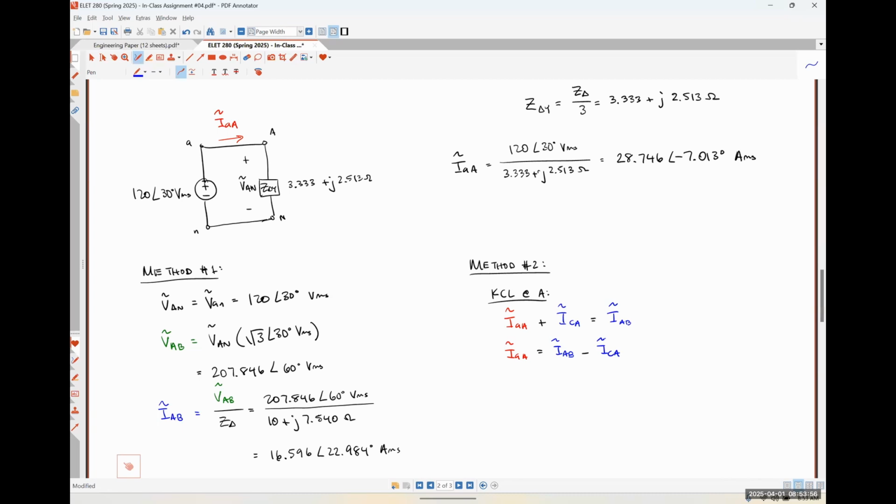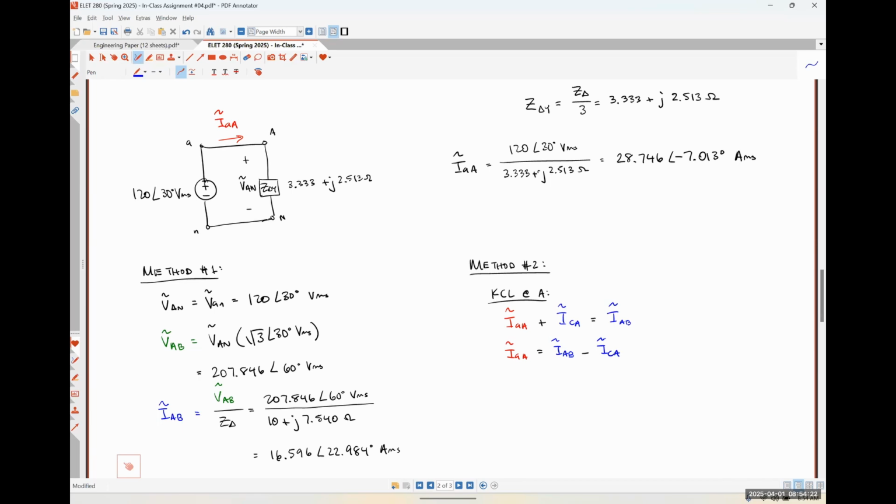So this is another one of those situations like we had on last Thursday's lecture, where it seems like I have one equation and two unknowns, but I know that these two things, I_AB and I_CA, are related to each other, right? So I_BC would be 120 degrees behind.